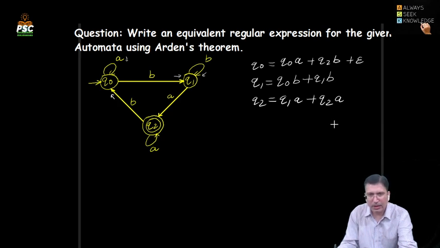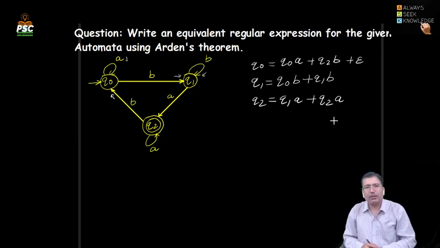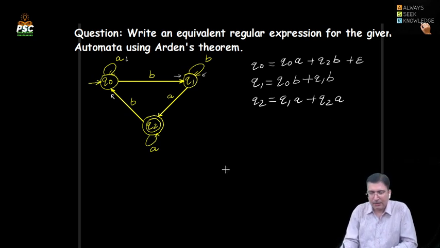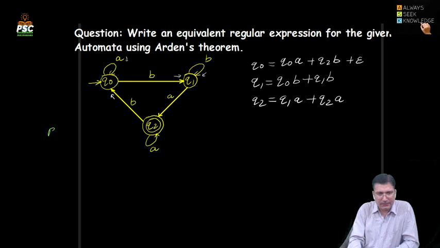Now, how will Arden's method help us ultimately conclude the equivalent regular expression for this given automata? Arden's method I'm writing here. So what is Arden's actually? We have seen R is a regular expression.